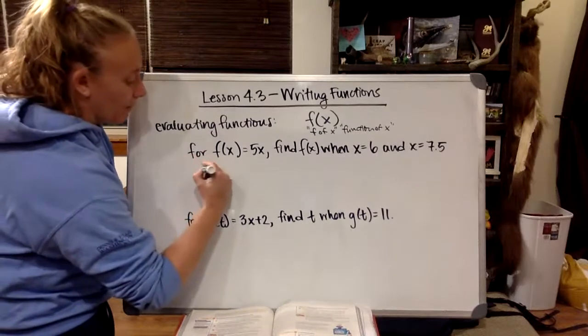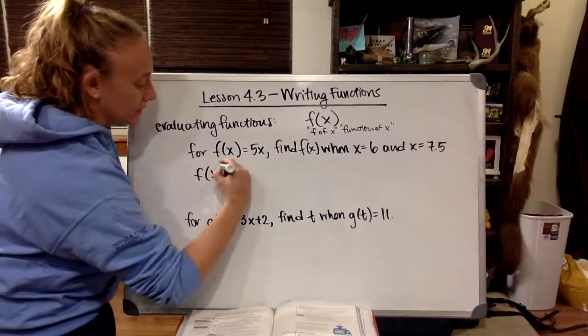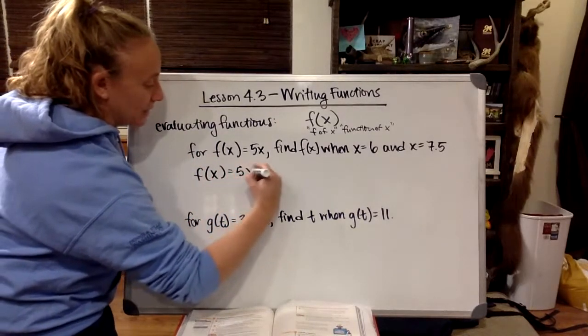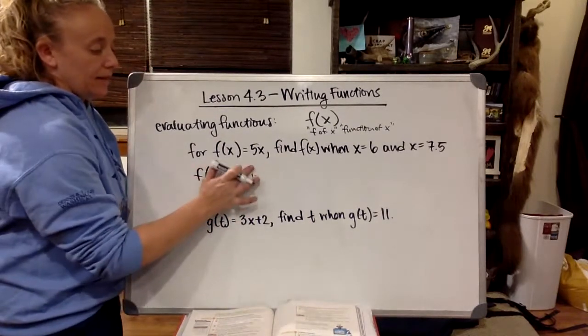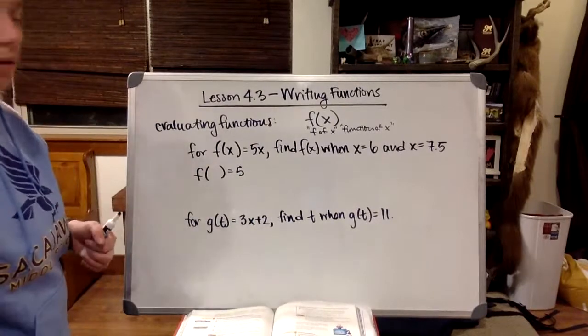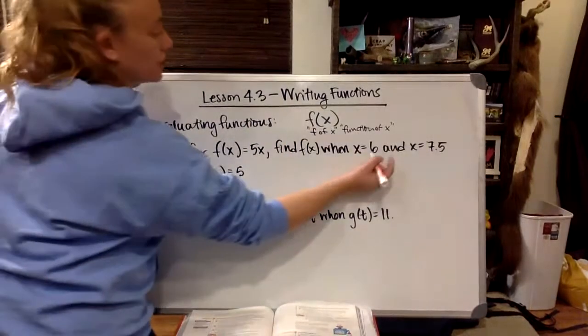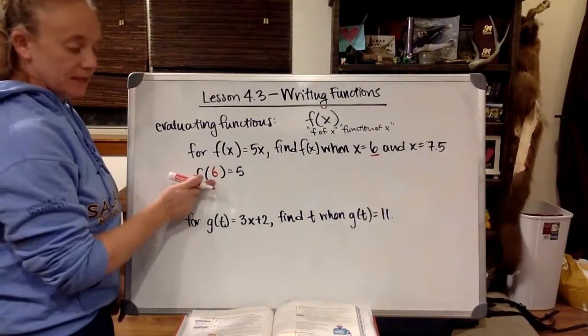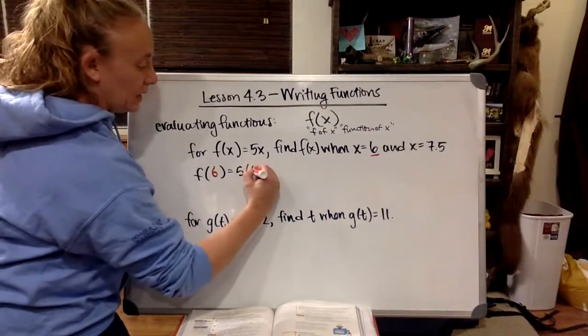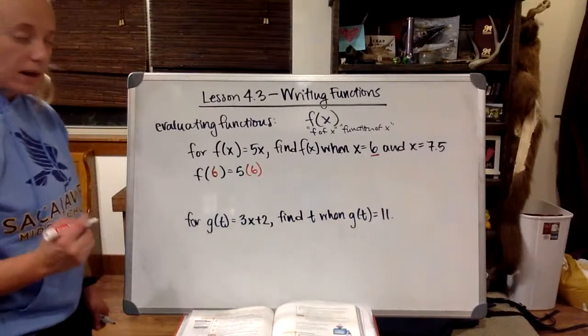So f of x is equal to 5x is my base equation. Instead of writing x in this situation, I'm going to first start when x is 6. So I'm literally writing what is f of 6 in terms of this equation.